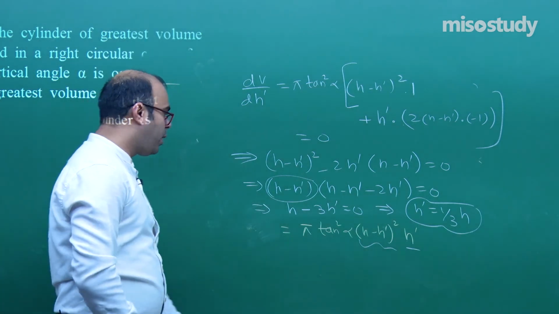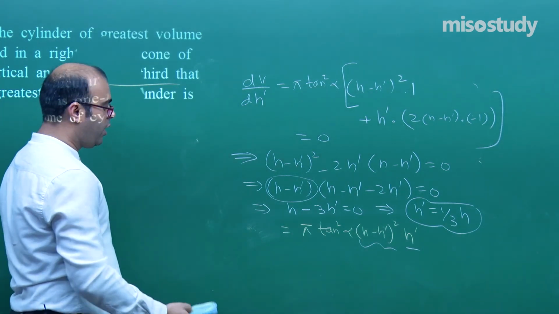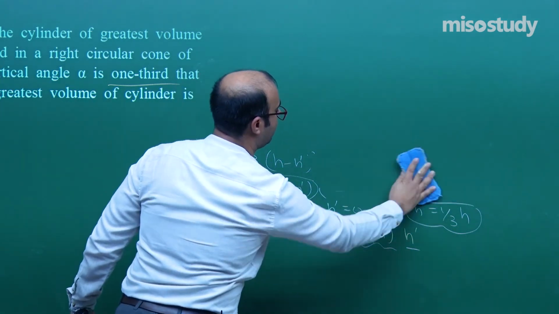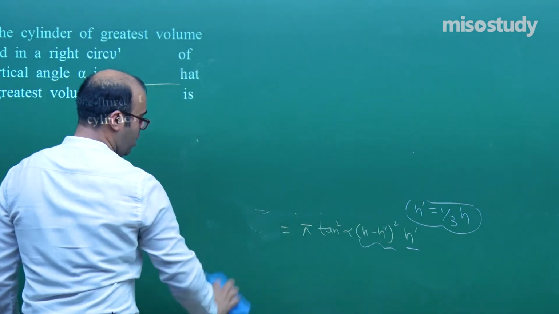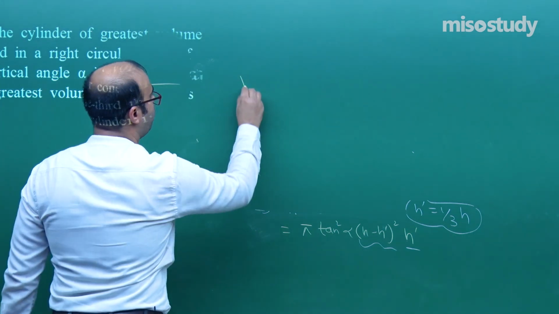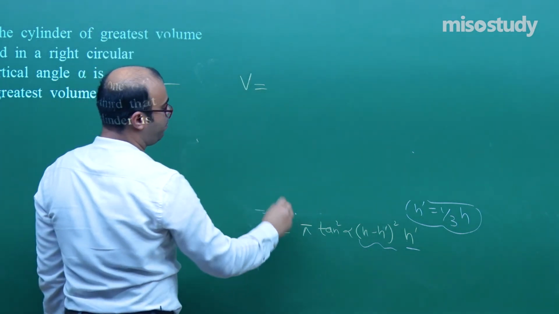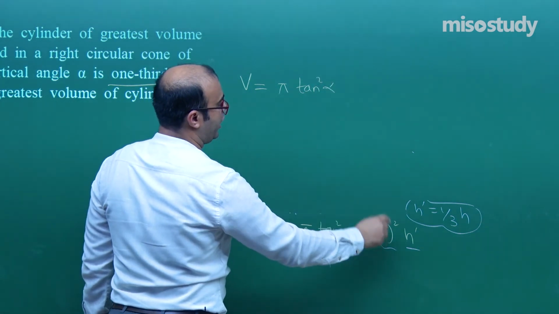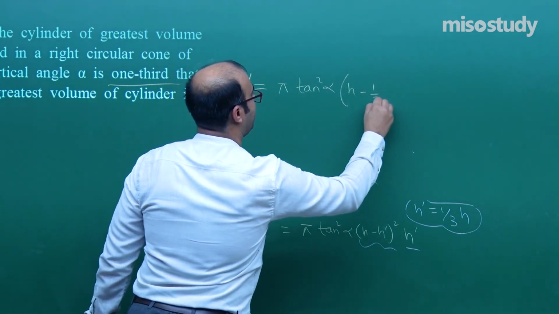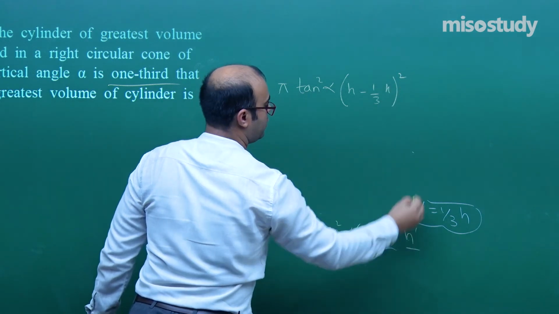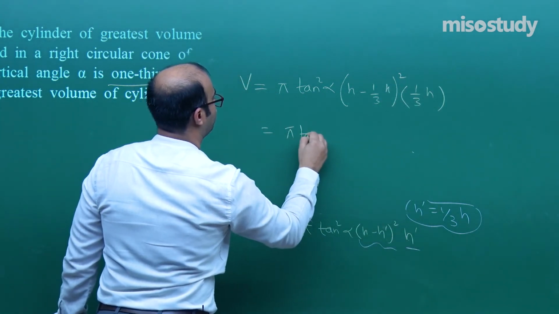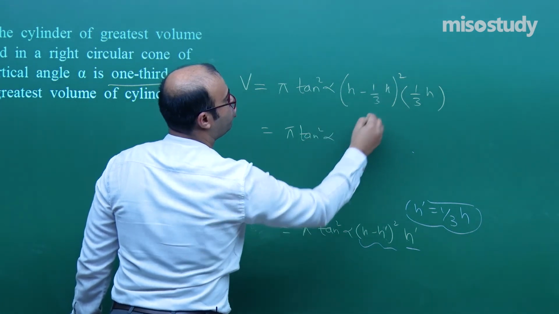So this is the first part of the question, that the height of the cylinder is 1/3 of the height of the cone. After getting this, find the volume. The maximum volume is pi tan square alpha into h minus h dash whole square into h dash. So h minus 1 by 3h whole square, this will become 2h by 3.